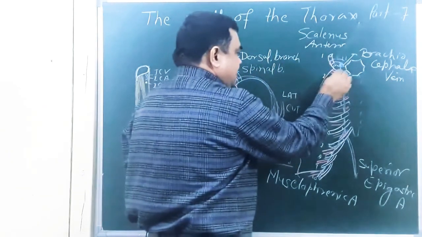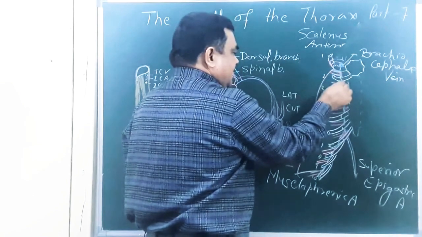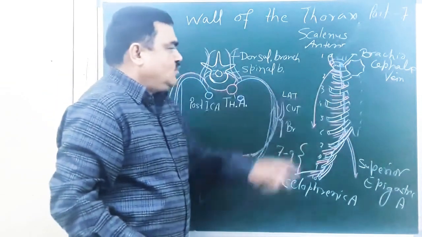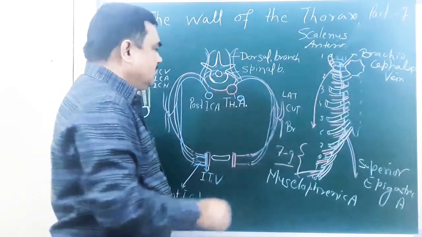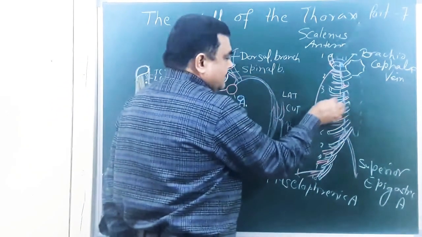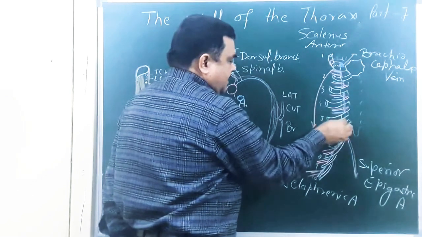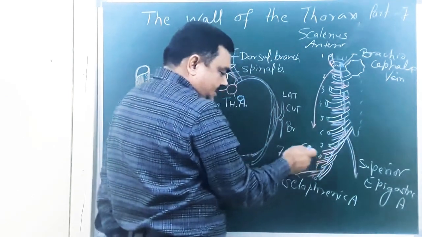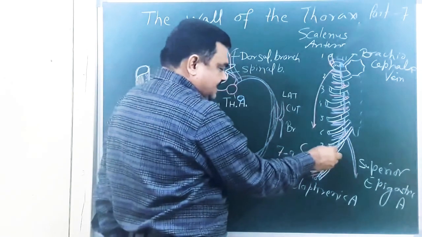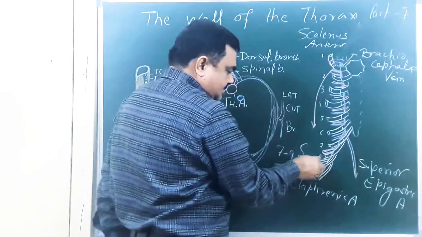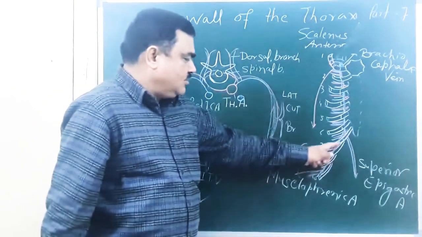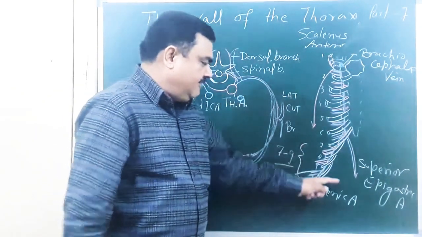Tributaries here in each intercostal space, like artery branches, there are two anterior intercostal veins in upper 6 spaces. Then in 7th to 9th space, these two anterior intercostal veins drain into musculophrenic vein.